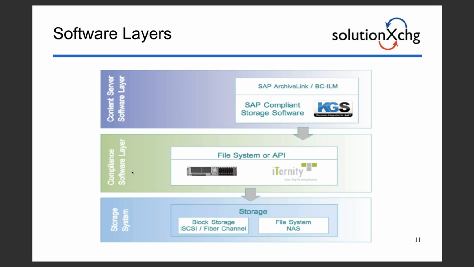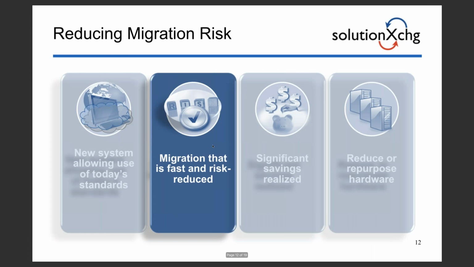That is the type of compliance software I mentioned before that allows you to encrypt the data on disk, so you can use regular file system NAS or a regular storage that is augmented by software to be a compliant storage system. All this can be moved in the cloud, so this would be the complete stack of software and servers that would move into an Azure or an AWS cloud.